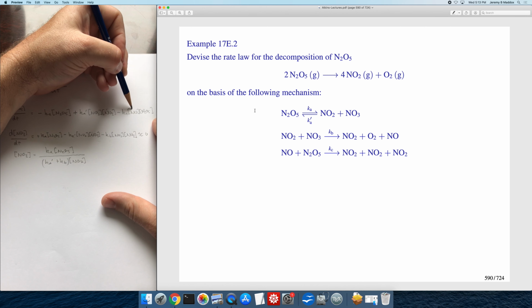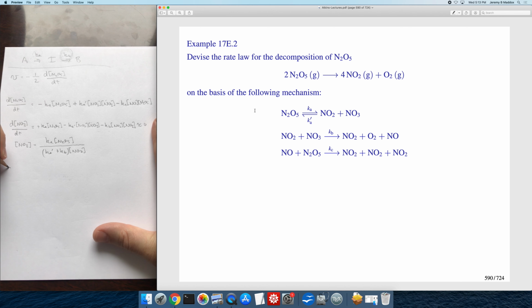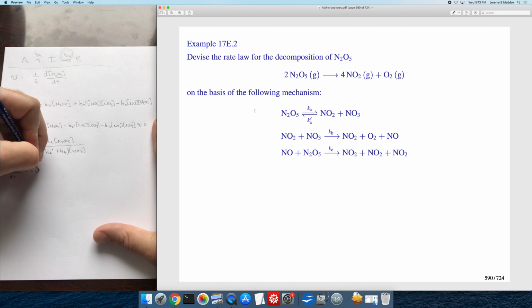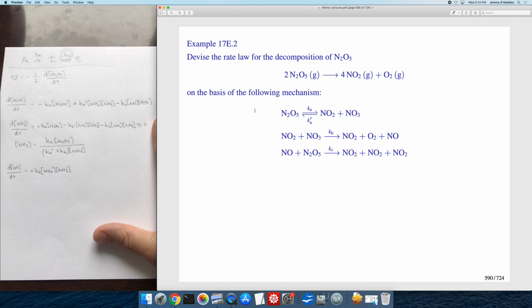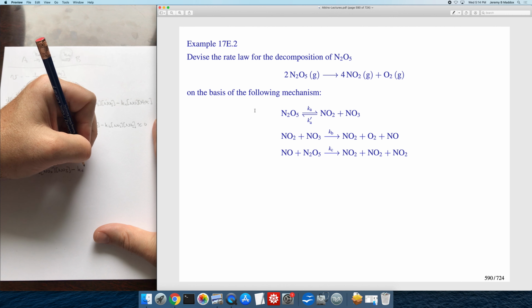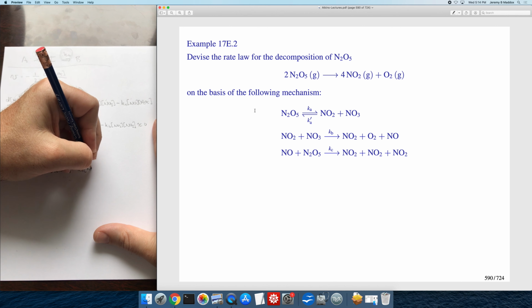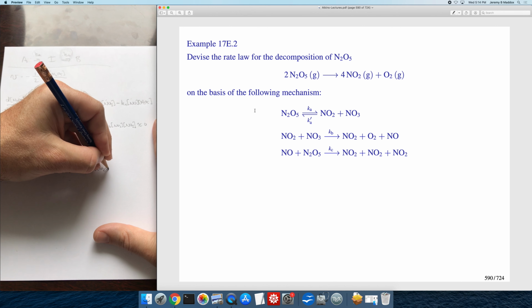But we also need to do the same thing for nitrogen monoxide. So I'm going to get the steady state approximation for the nitrogen monoxide. So for this time derivative, we see that the nitrogen monoxide is produced in the second step. So there's going to be a plus Kb NO2 NO3. And it's consumed in the third step, so minus Kc NO times N2O5.